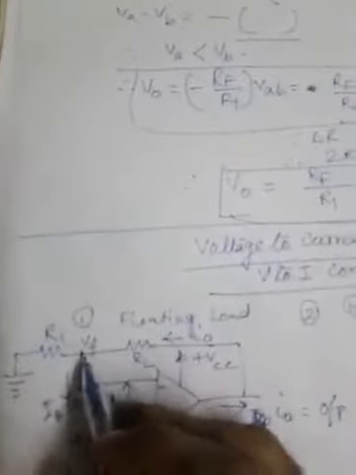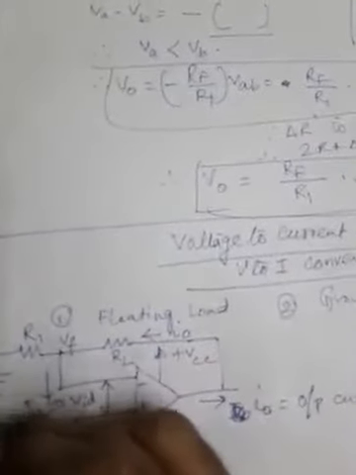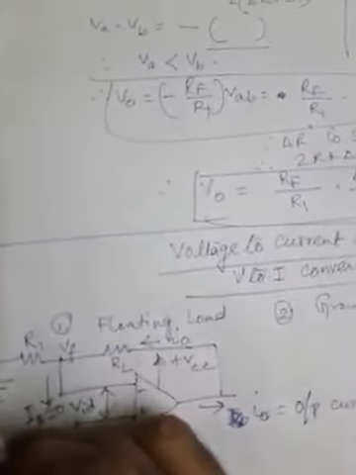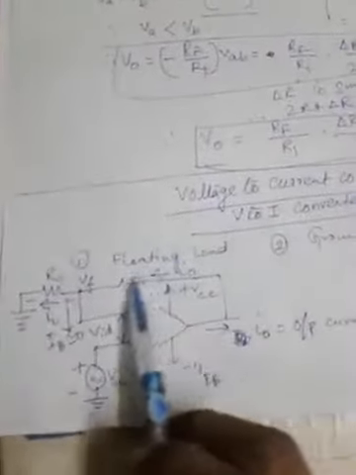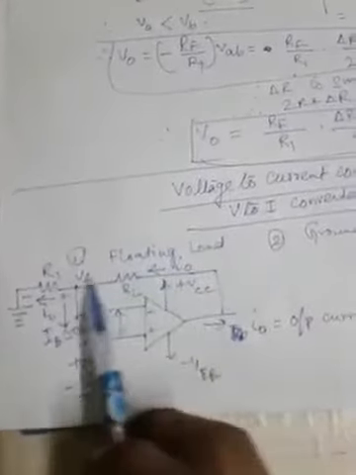It will be flowing through RL and then into the node VF and then through R1 to go into the ground. So this is IO, the direction of output current flowing from the output into the ground.